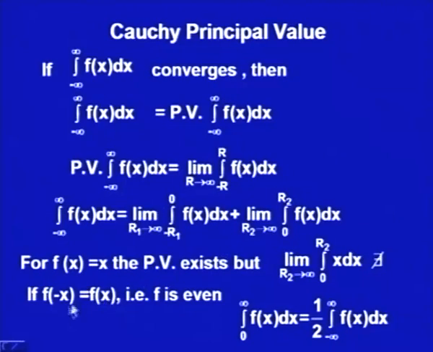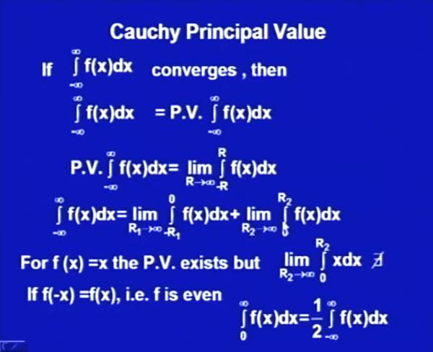If f of minus x is f of x for all x, let us see this, and if one of this right hand side limit is existing, say suppose this limit is existing for r2 approaching to infinity, 0 to r2 f(x) dx. If this limit is existing, if I change x to minus x, I would reach to this integral.